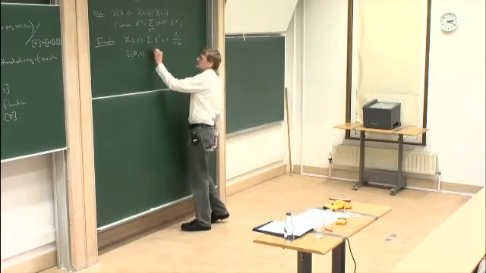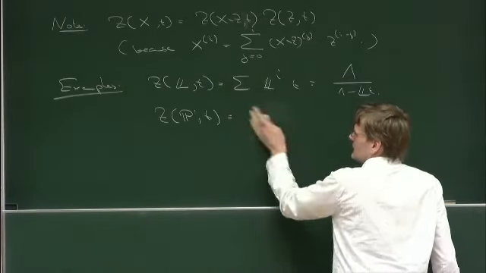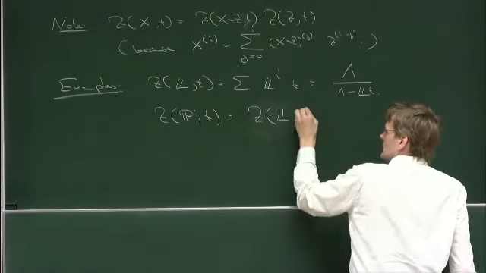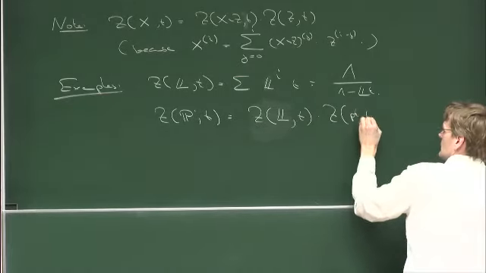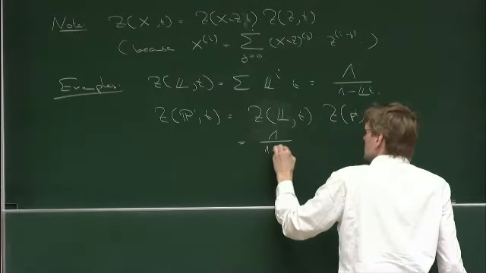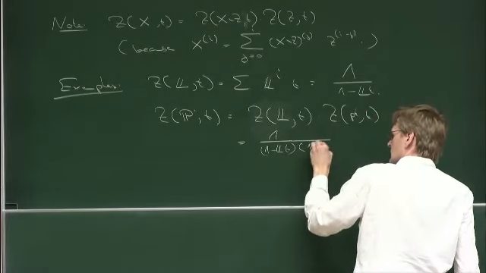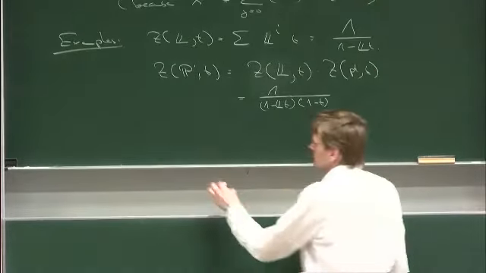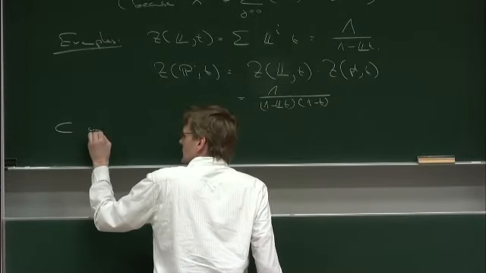So it's just 1 minus LT. Let me do it slowly: it's the class of the affine line times the class of a point. And now I take B, a smooth projective curve.